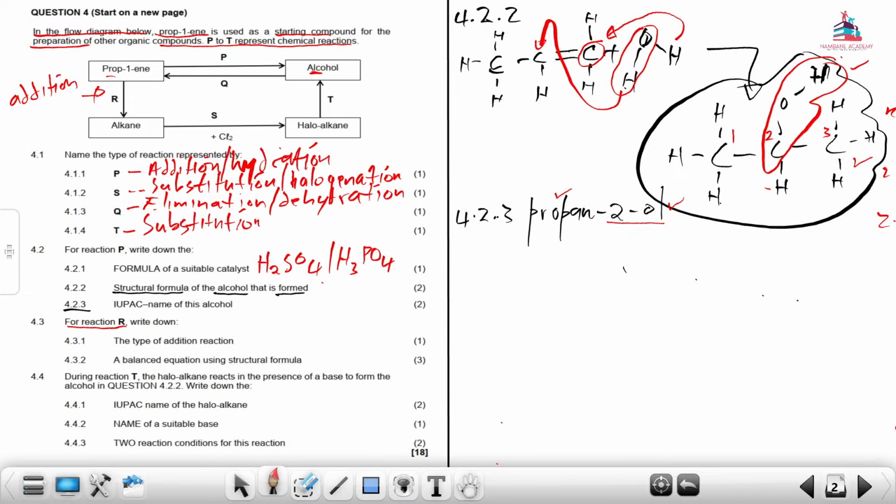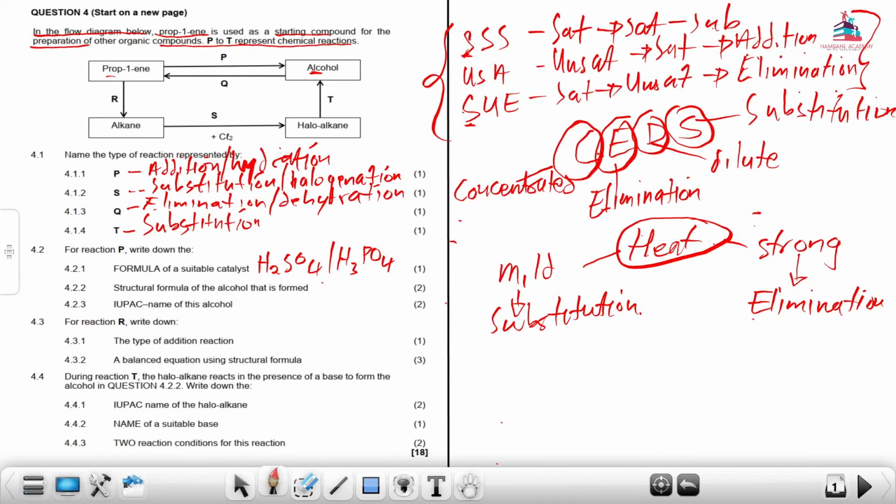Why is it addition? Because it's moving from unsaturated to saturated, so from double bond to single bond.